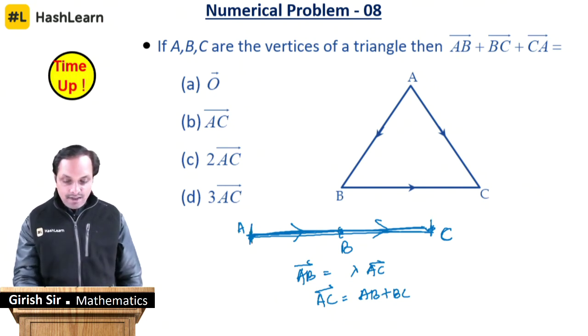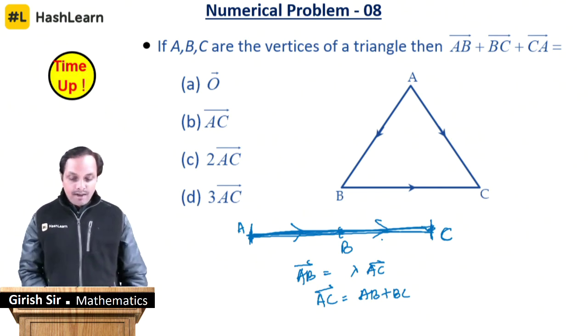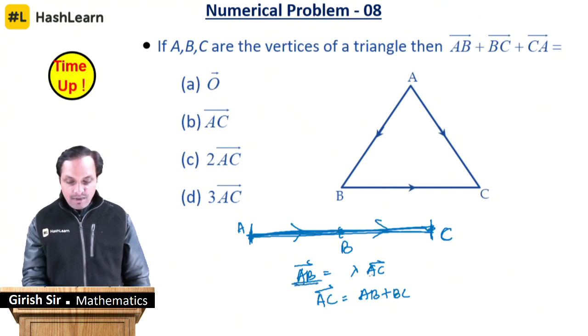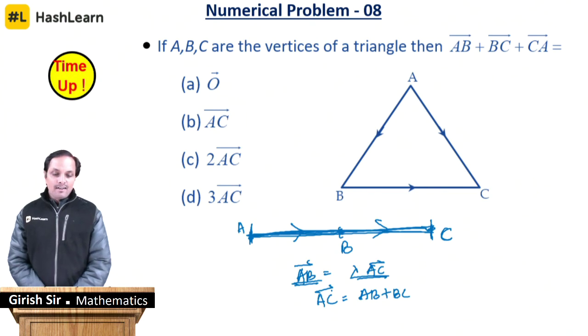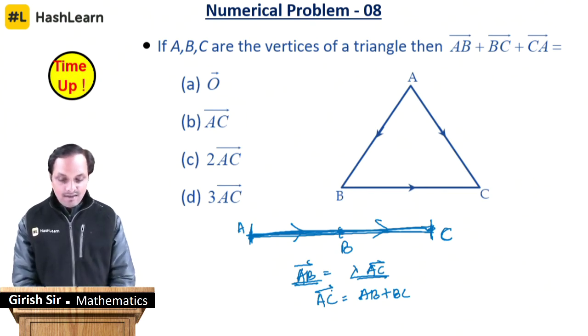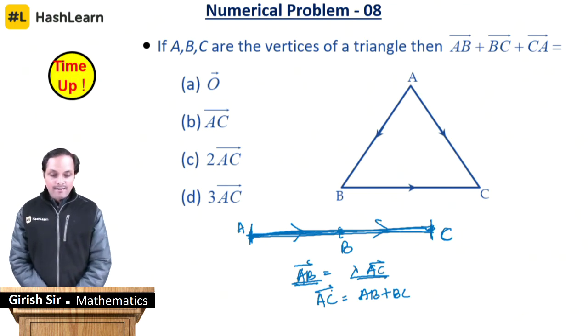A to C जो distance है ना, that should be same as AB plus BC distance. In the vector form, your AB should be some constant multiple of AC vector.